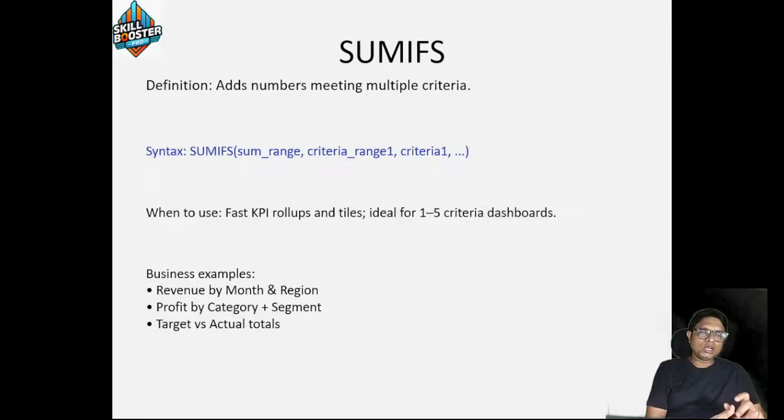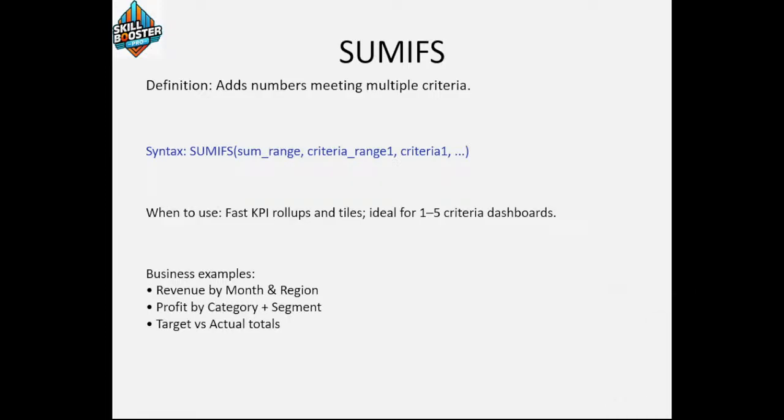For example, if you want to summarize sales data based on the month duration, or based on a particular region. What is the sale of the east zone, for example, what is the sale of the south zone. These are summary data, and to get that summary data, you can use the SUMIFS function. So we will look into that also in the examples.